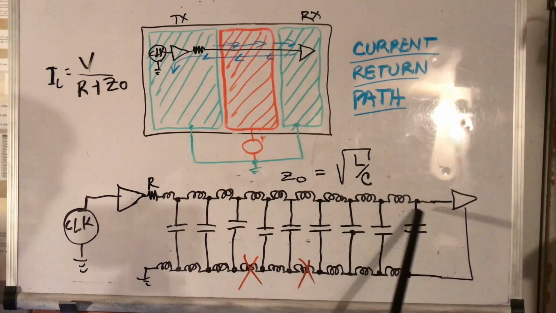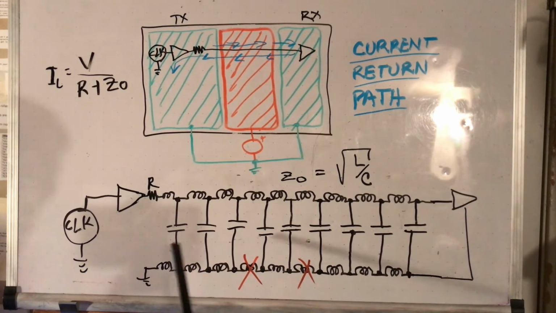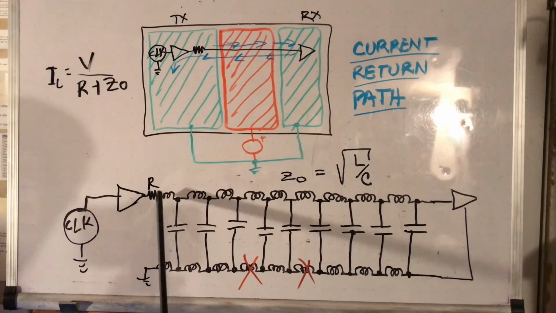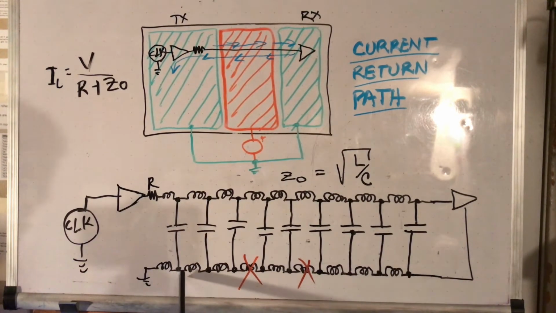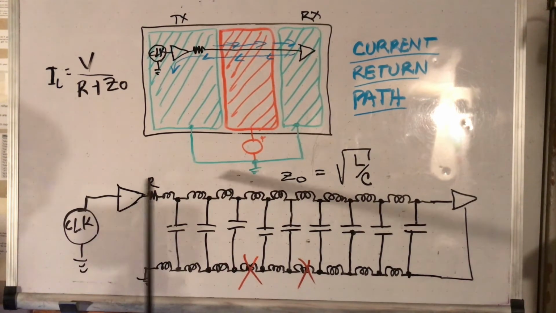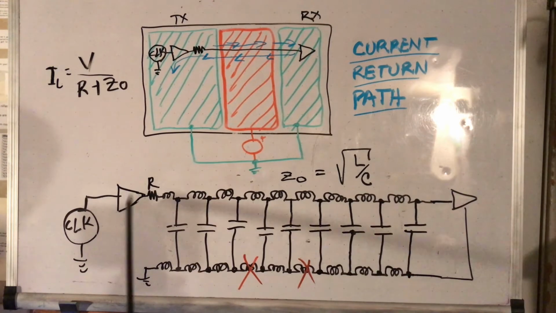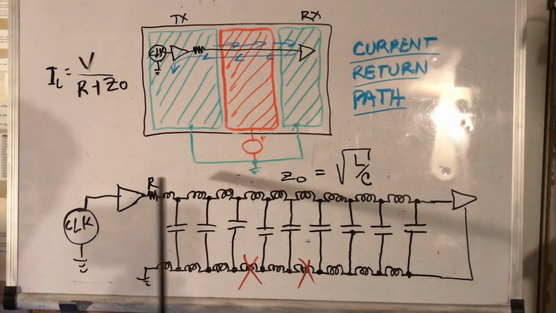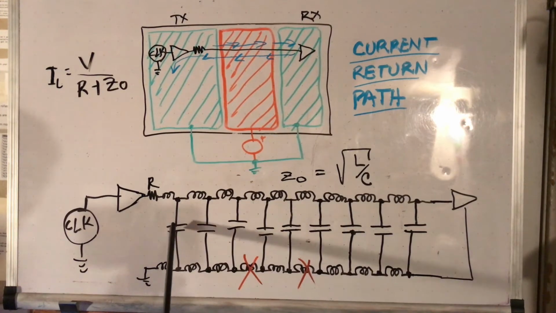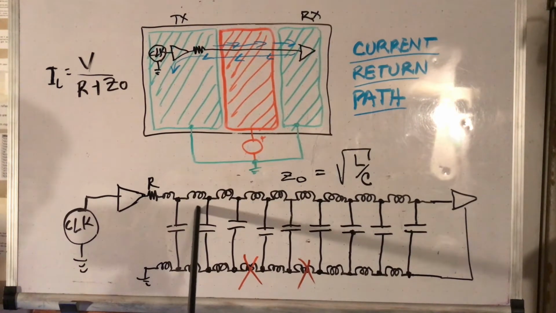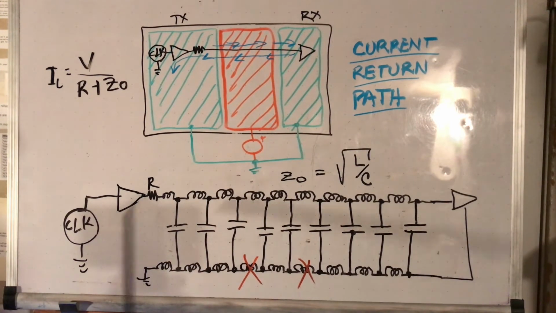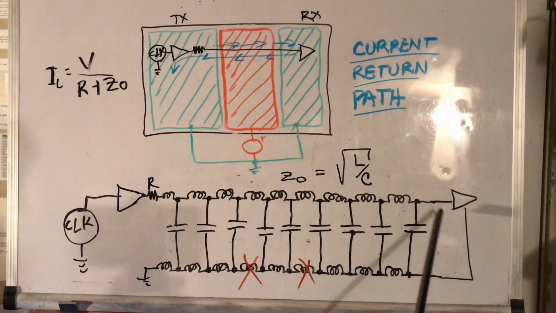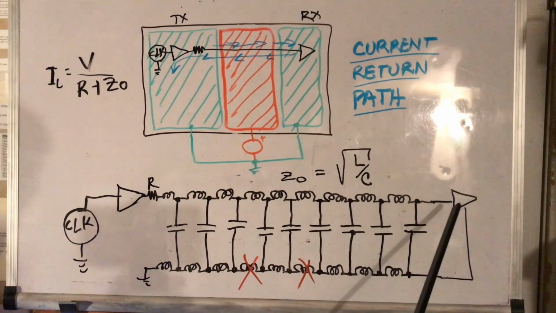But if you look at the individual, infinitesimal components of the line, you'll see that this inductor will charge up and this capacitor will start charging, and the charging current will return through it to the source, which will actually be the power supply of this driver. Once this is charged, the next infinitesimal section will charge up, and so forth, until you reach the destination here.